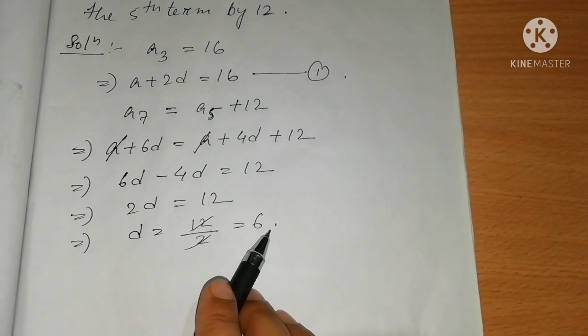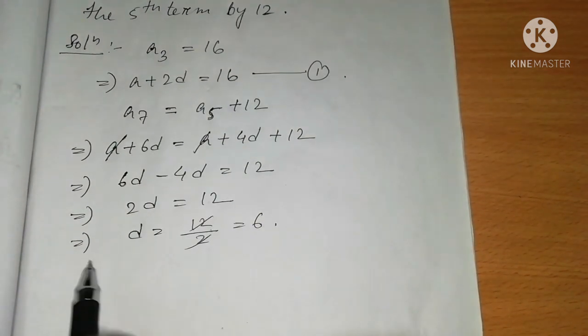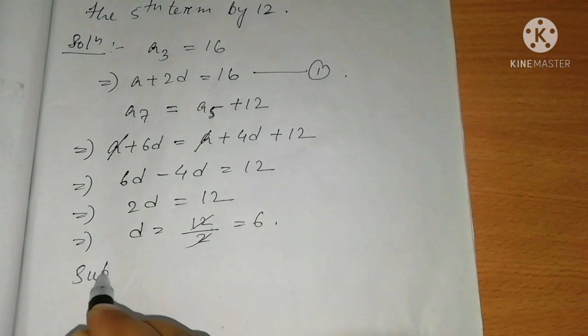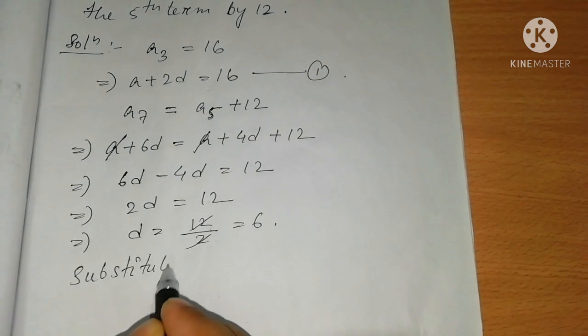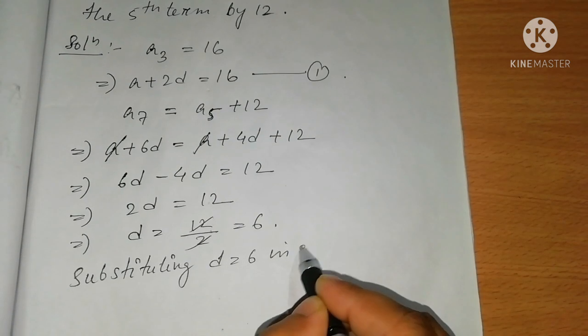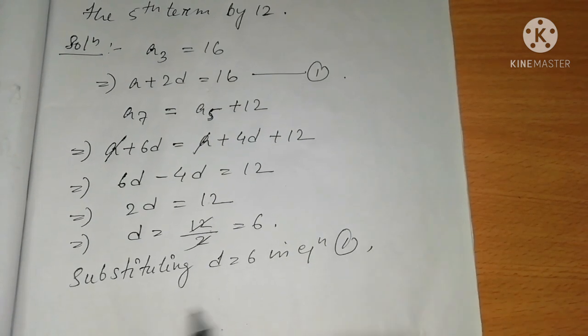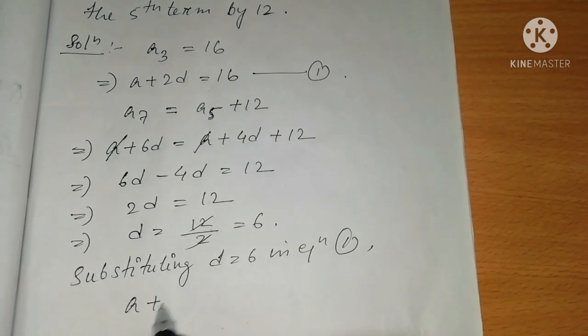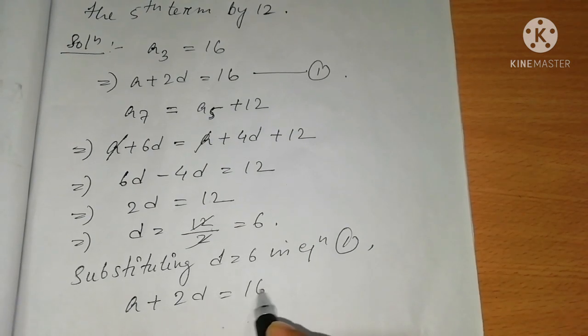So this 6 can be substituted in equation 1. Substituting d equal to 6 in equation 1, which is a plus 2d equal to 16.